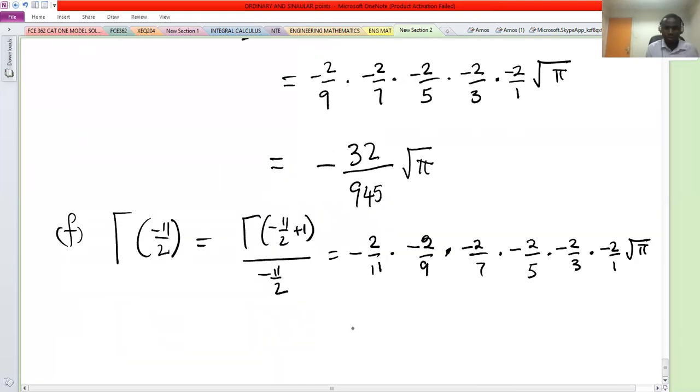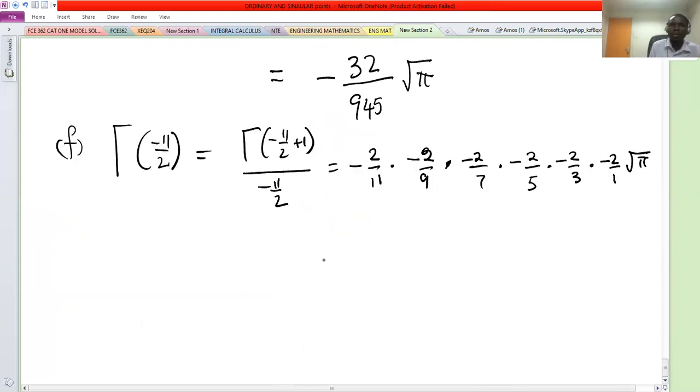So when you work this out, we have 1, 2, 3, 4, 5, 6 negatives, so it will be positive. And then 2 power 6 is 64, and 945 times 11 gives us 10,395. And then square root of pi.